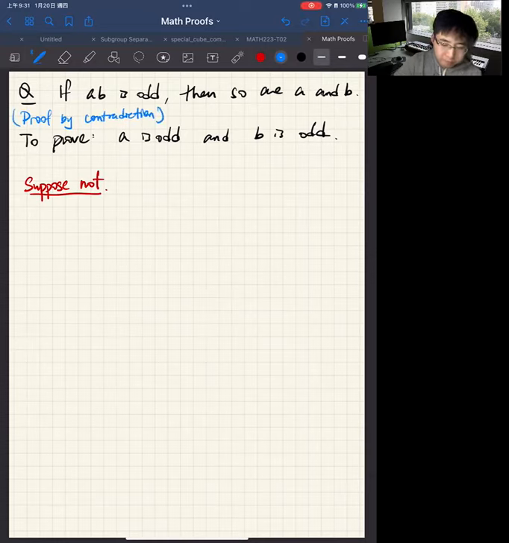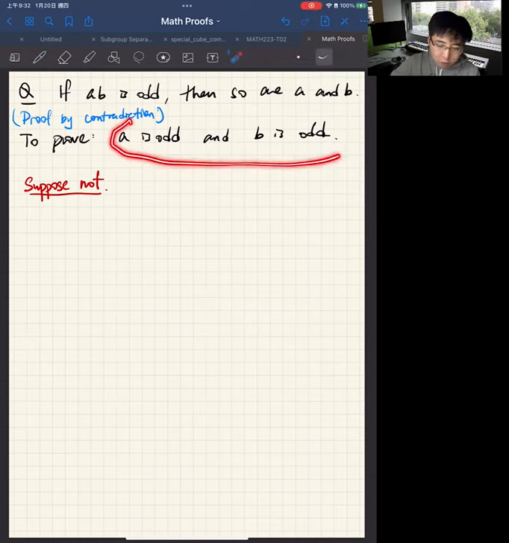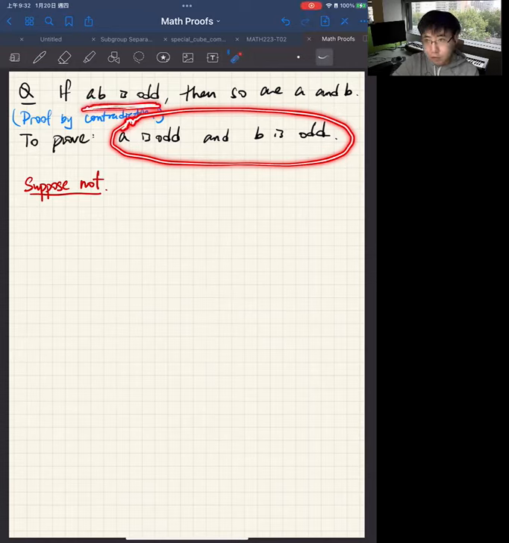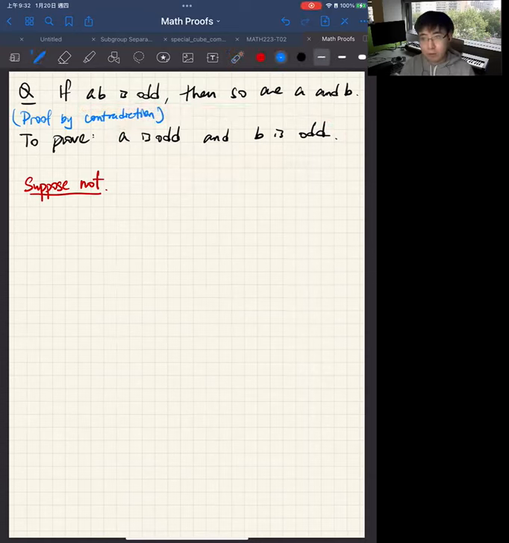Suppose not. What it means is we suppose the conclusion that we are proving is not true. Okay. Then we're going to show that there are some problems with these assumptions. Right? That's the thing that we are going to show.